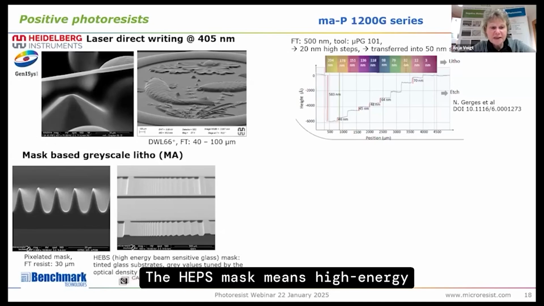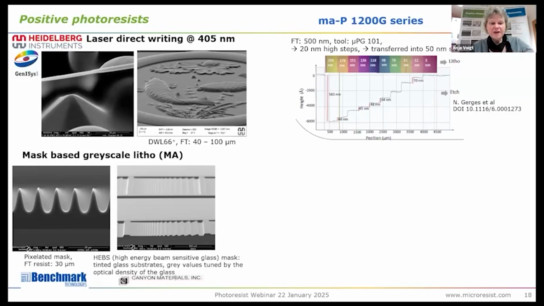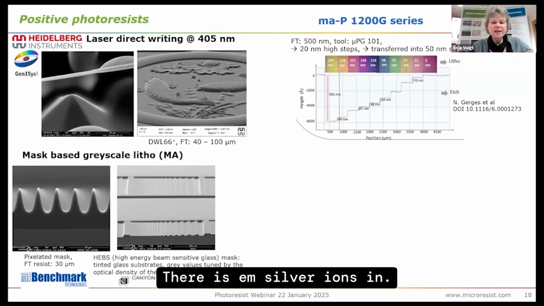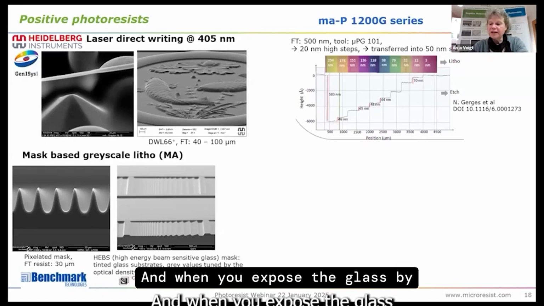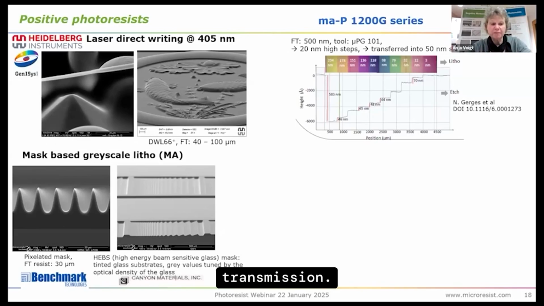And there are other kinds of grayscale mask available using the HEBS mask. The HEBS mask means high energy beam sensitive glass mask. The glass mask is generated, so you have a glass. There are silver ions in it, and when you expose the glass by e-beam, the silver ions are converted to silver, which makes the glass dark, let's say, and reduces the transmission.